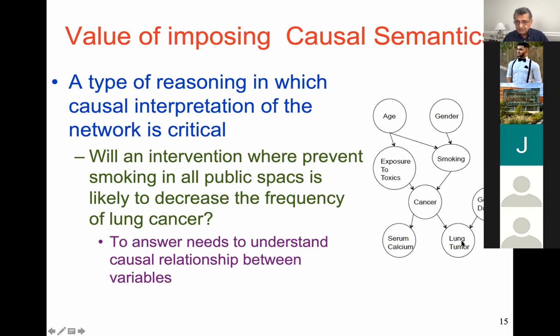And also getting cancer influences whether one has lung cancer, right? So supposing we intervene and say, if we ban smoking, will that reduce lung cancer? In order to answer that, we need to understand causal relationships between the variables. So causality becomes important if we want to ask such intervention questions.